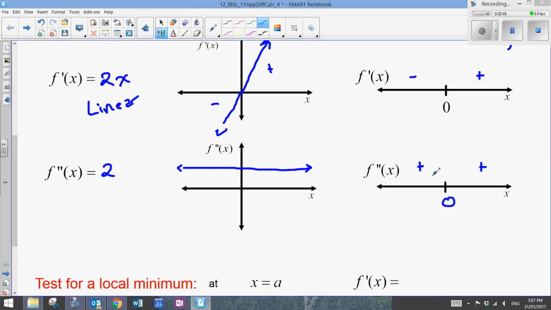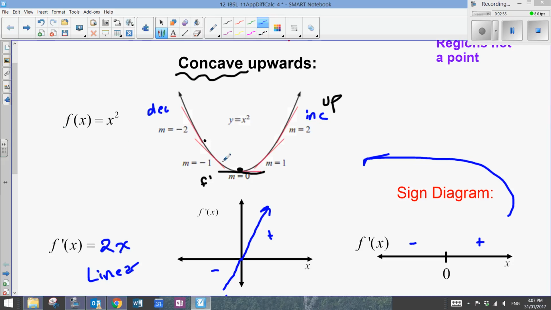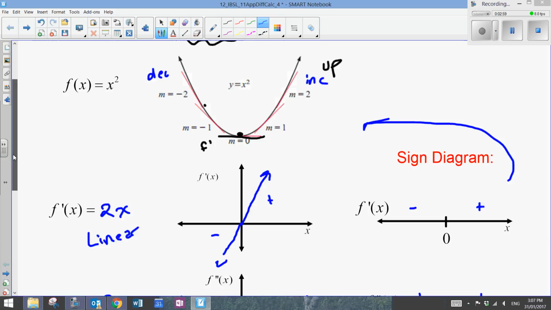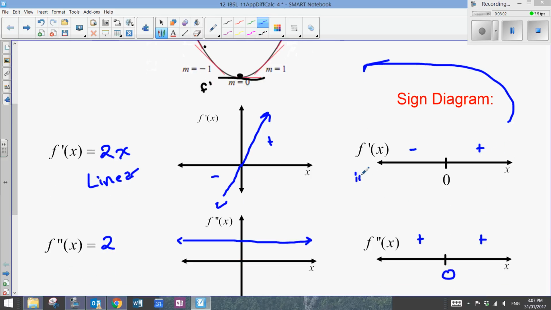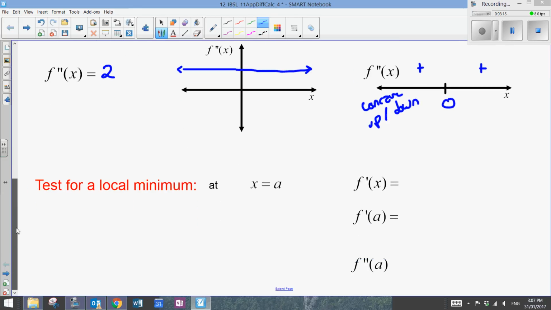This positive sign in my sign diagram reinforces the concavity of the curve. So by getting a plus, that means we get a concave upwards curve. So the first derivative tells us about increasing or decreasing, and the second derivative tells us whether we are concave up or concave down.